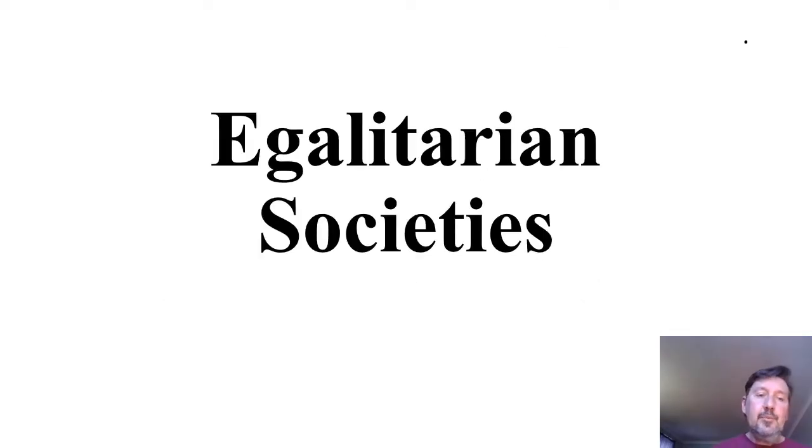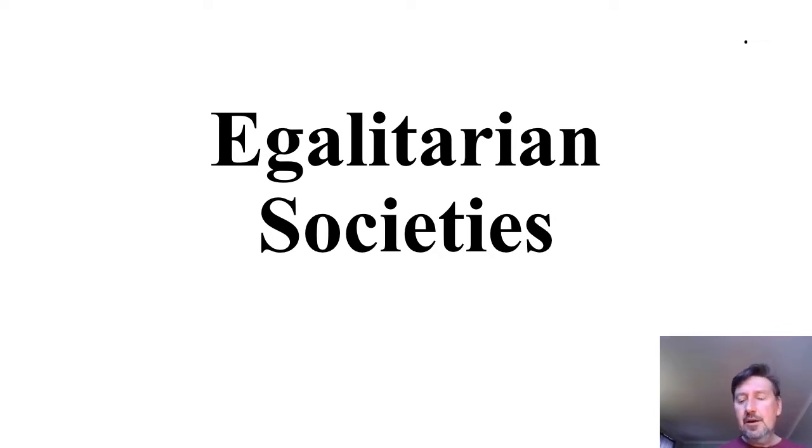Most societies around the world are stratified, meaning that most societies have some level of inequality based on caste, on status, or on class. There are some societies that we call egalitarian societies. These are small-scale societies that lack distinctions of class or caste.